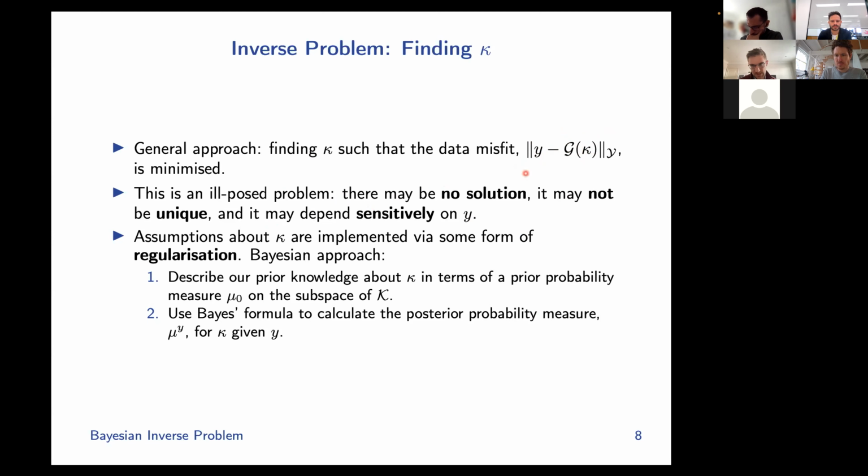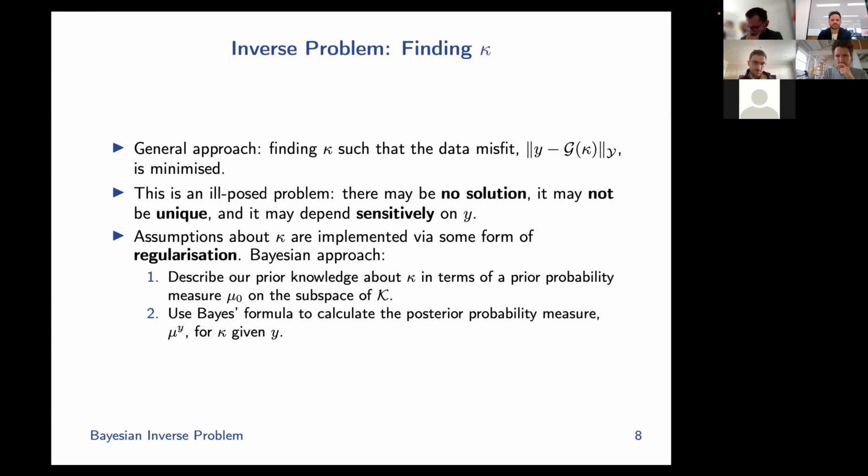What usually happens is that y is finite dimensional, and the kappa we are interested in is a function, so it's infinite dimensional. So this is an ill-posed problem in general. There may be no solution, it may not be unique, or it may depend sensitively on the data.